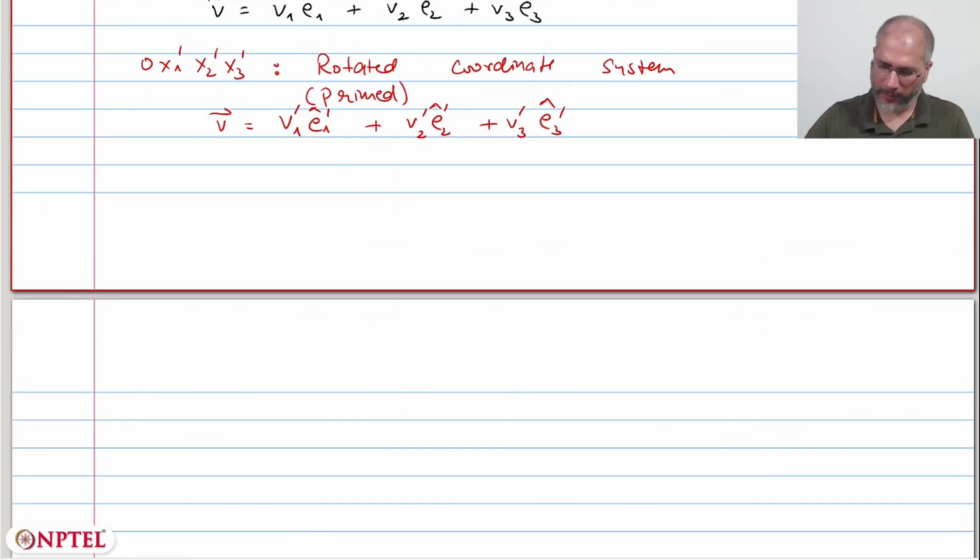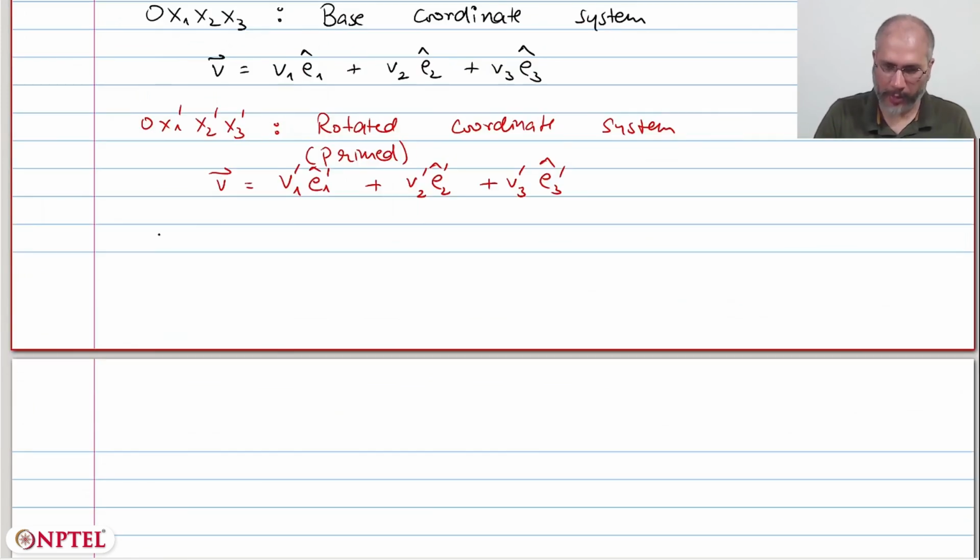that is, if I write the components of the vector v, that will be written as v1, v2, v3. Whereas the components of the vector in the transformed coordinate system will be different. So I'll be using v with a prime and I'll call this v1 prime, v2 prime, and v3 prime.